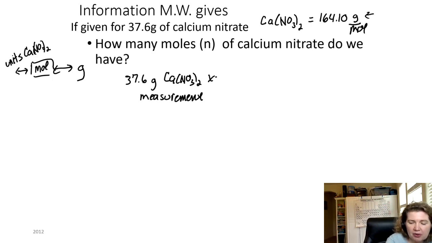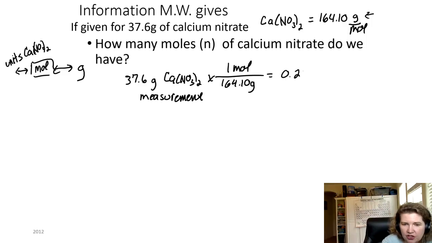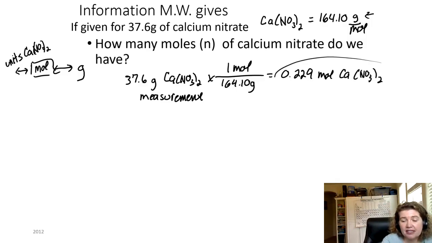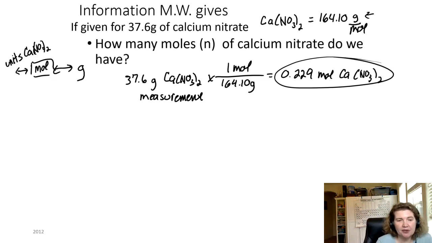Then I'm going to multiply it by my conversion factor, which is 164.10 grams in 1 mole. That would be 0.229 moles of calcium nitrate. Again, I'm going to round to 3 sig figs because the original measurement has 3.